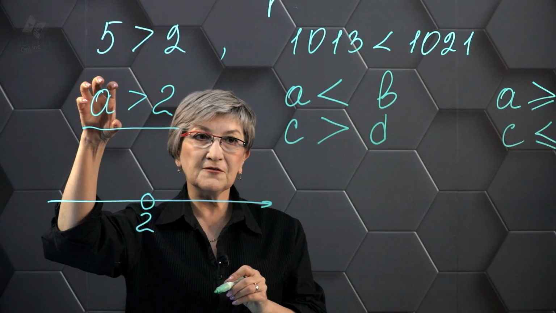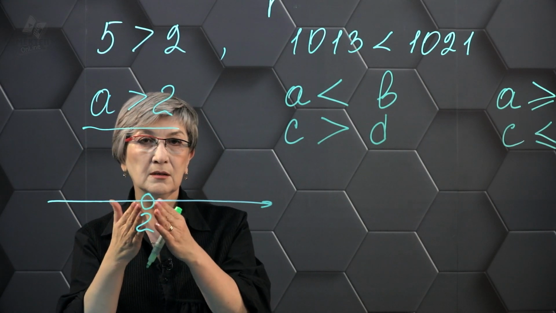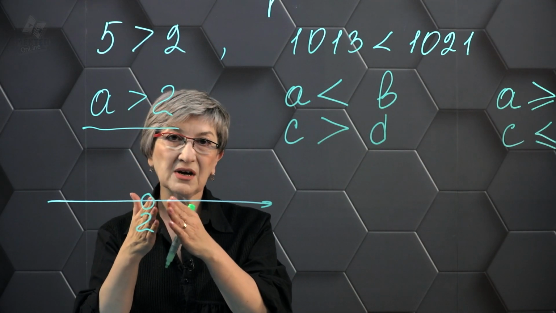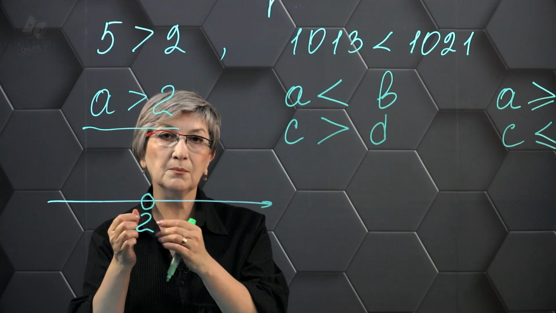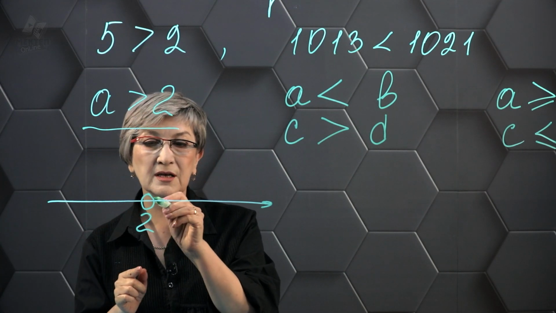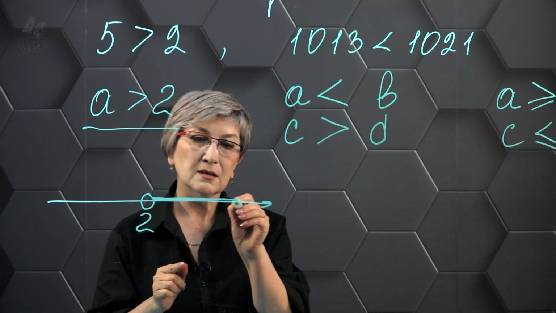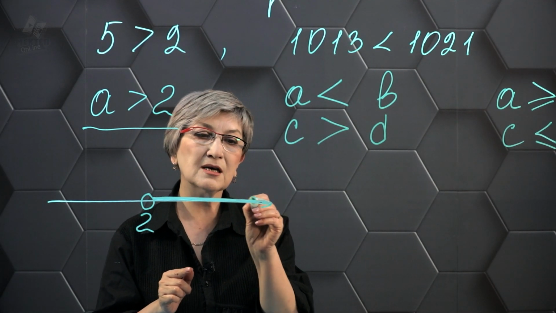But I need to show all the numbers that are greater than 2. The numbers greater than 2 are located to the right of the point with a coordinate of 2. So the solution to this inequality is all the numbers that lie on the coordinate line and are to the right of the number 2.